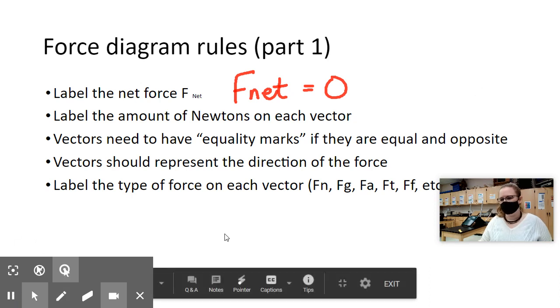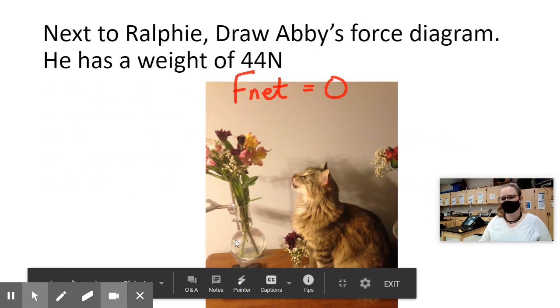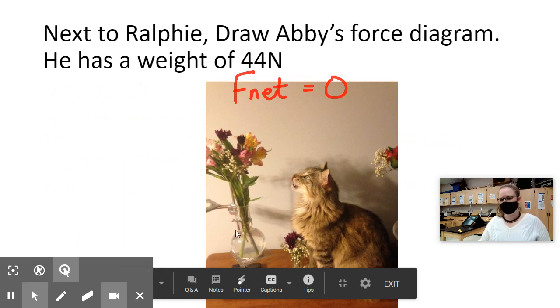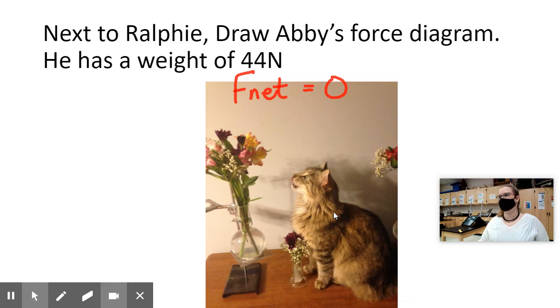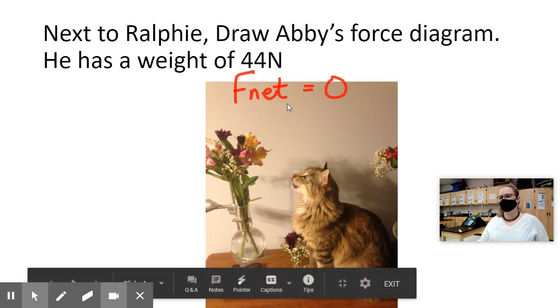All right, so next up, we are going to go to my monster cat, Abby. Abby is my monster. Again, he has a net force of 0 because he is still stationary, correct? So I can say, hey, my F net is 0.